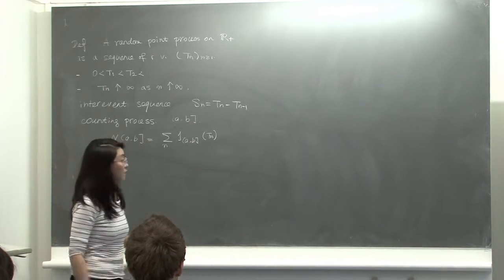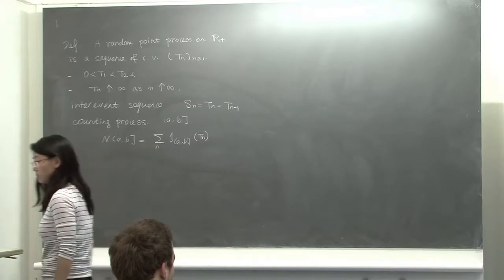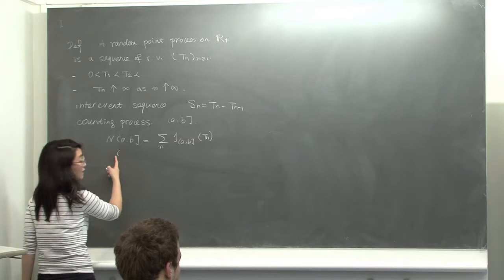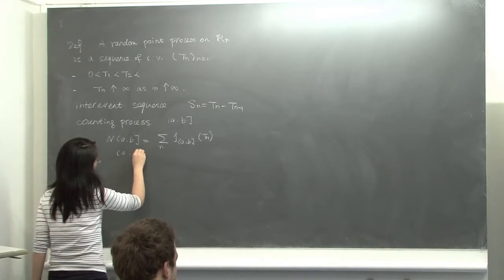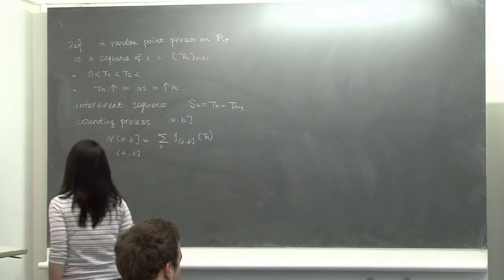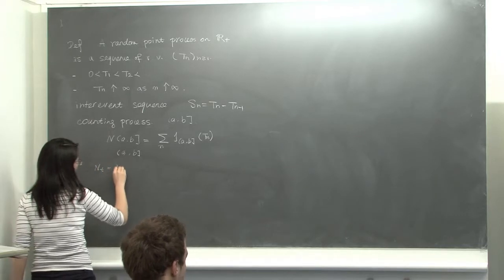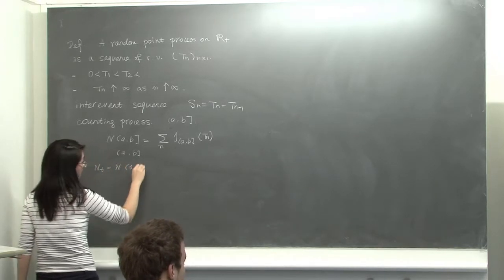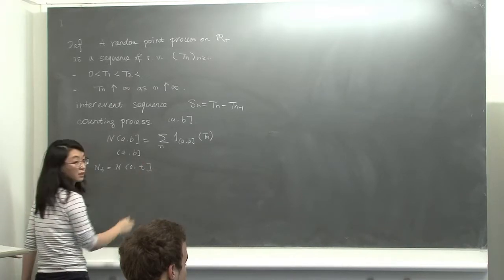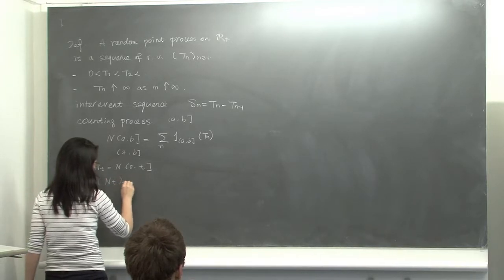And for this counting process, we have a few more words to say. By the definition, because we always define an interval open on the left but closed on the right, this process is naturally right continuous. If we define N(t) as the counting process from time 0 up to time t, because we define this closed on the right-hand side, this process is naturally right continuous.